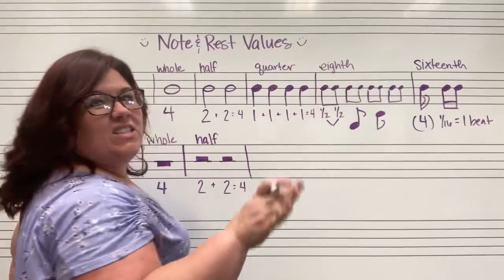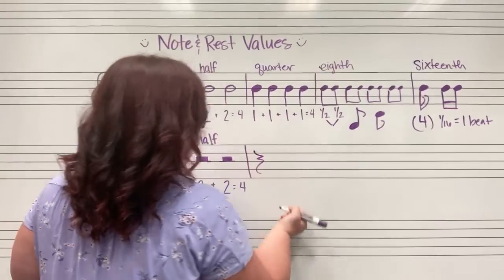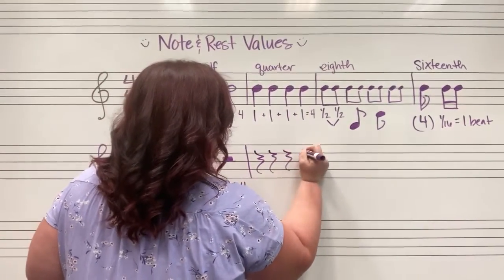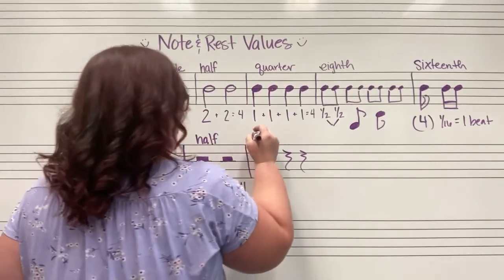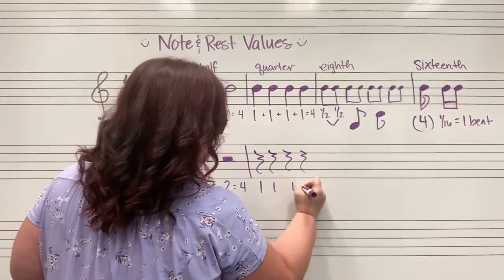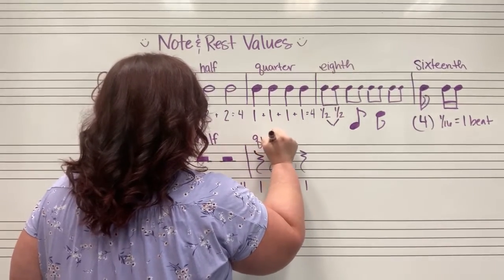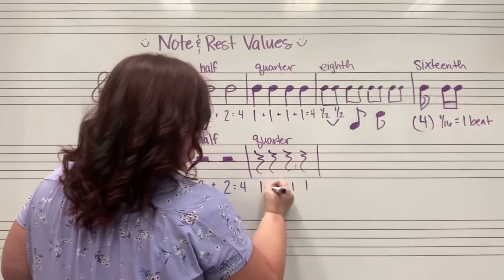Quarter rests, these are kind of tricky to draw. They're fun too. They're like a fancy 3. And you don't have to get really technical with them. That's not how I roll. But each of these gets 1 beat. And they will add up to 4 as well.